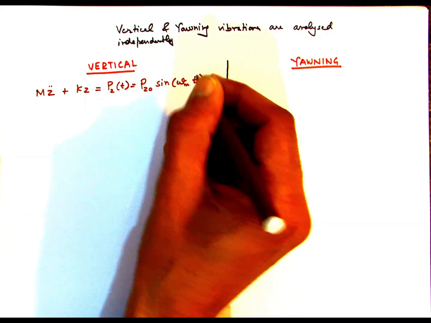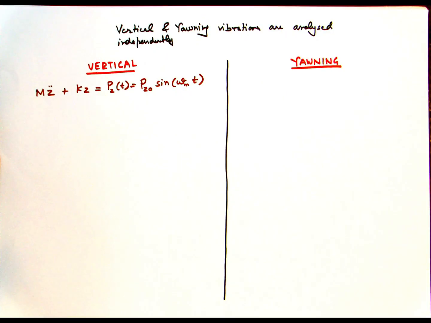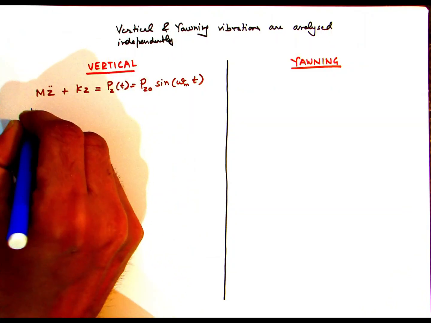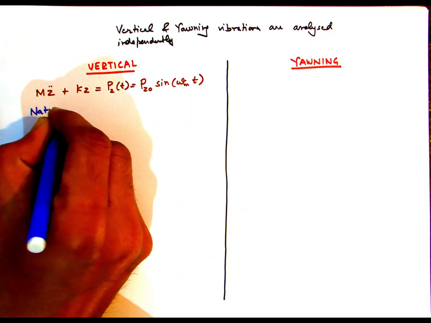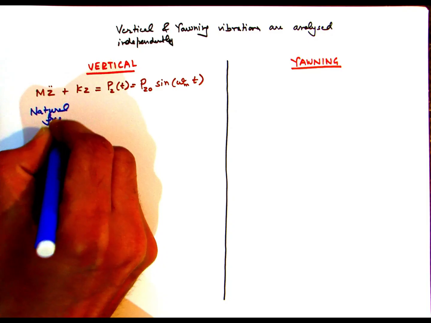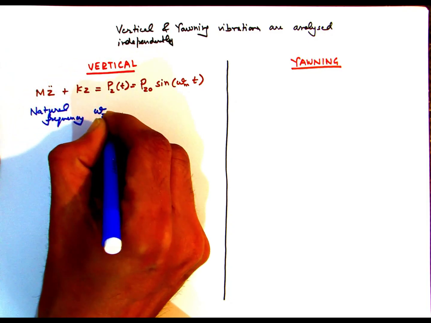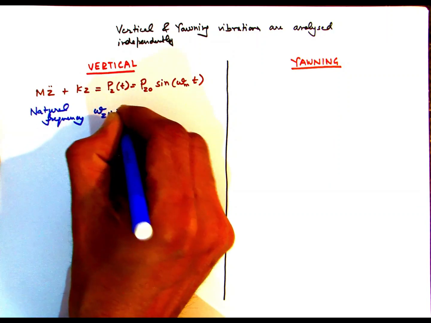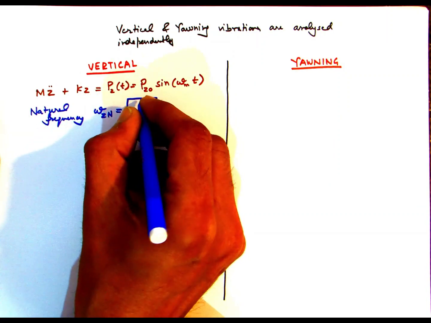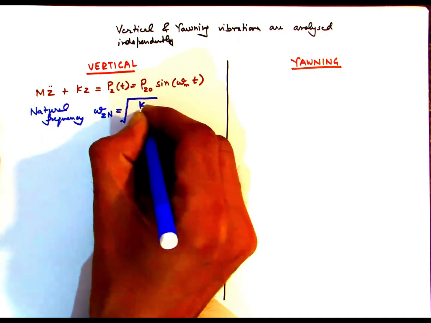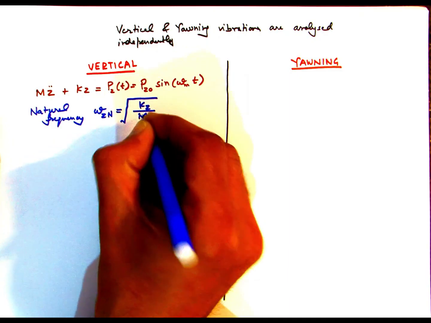So please note here that we are ignoring damping, so that's why we have the mass m and the stiffness k. So here for this particular case we can very easily obtain the natural frequency of vibrations in the vertical direction simply as the square root of k_z by m.